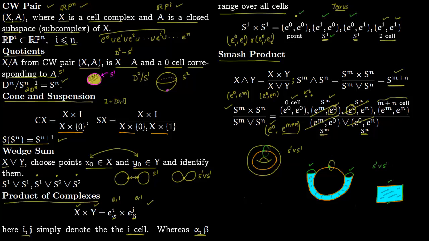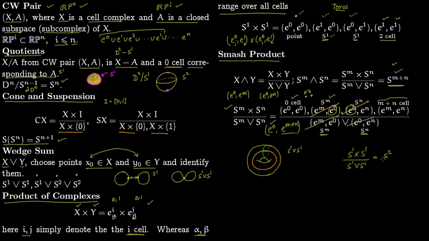Now we can see this specifically in a torus. In a torus, you have S1 times S1. This is your torus. Now you modulo out S1 wedge S1. Now according to this formula, you should get S2.